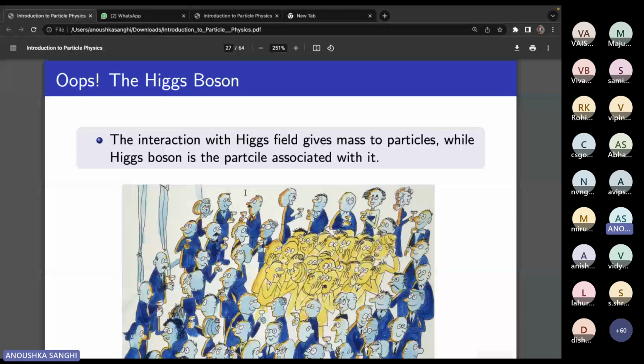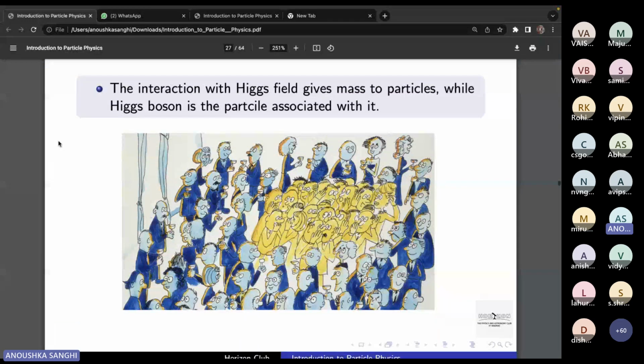To explain this, Peter Higgs proposed a theory that there should be some interactive field that gives mass to some of the particles. Right? We are just talking about the Higgs field now. Don't think about the Higgs boson yet. We'll come to Higgs bosons later.